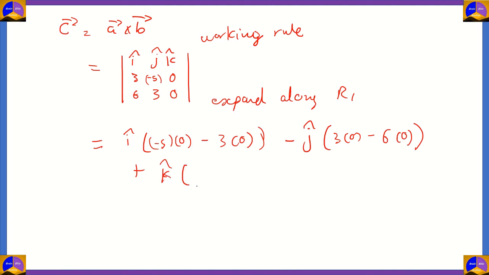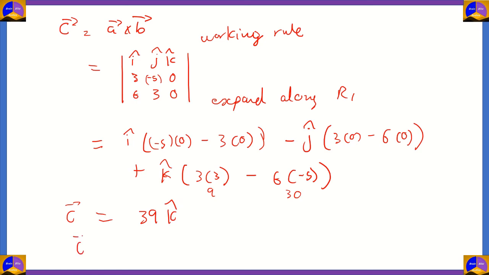K cap is equal to 3 times 3, then there's an automatic minus, and 6 times minus 5. So 3 times 3 is 9, minus 6 times minus 5 is 30. 30 plus 9 equals 39. So vector C is equal to 39 K cap. And since you only have one component, the modulus will be equal to the scalar part of that component.